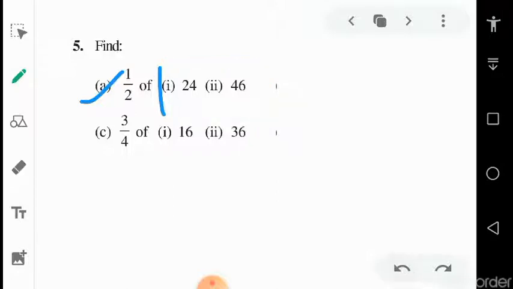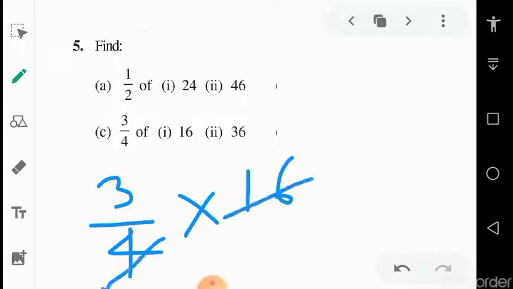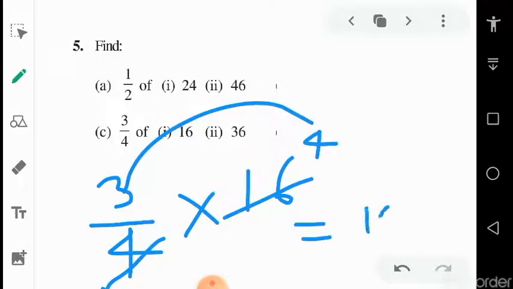Now second is about 3/4. Okay, it's different than the first one. So I am going to tell you 3/4 of 16. We will write 3/4, of means multiply, 16. Okay, as you can see, you can cut 16 by 4, 4 4s are 16, and multiply 3 by 4, that is 12. So 3/4 of 16 is 12.